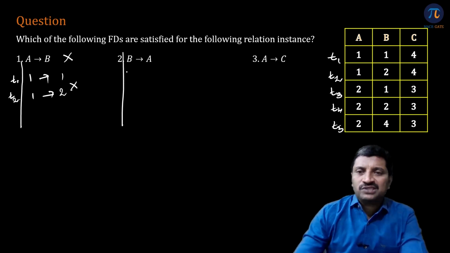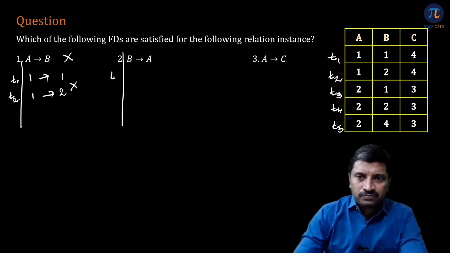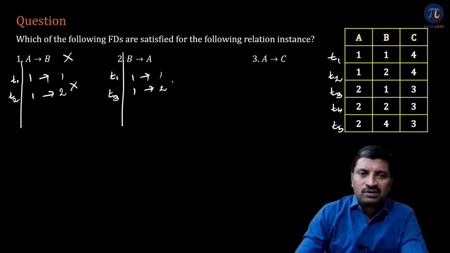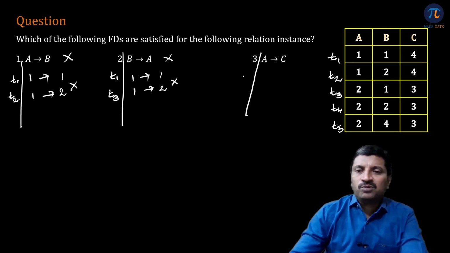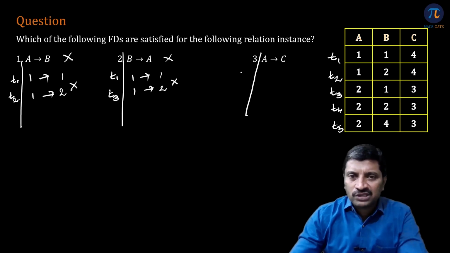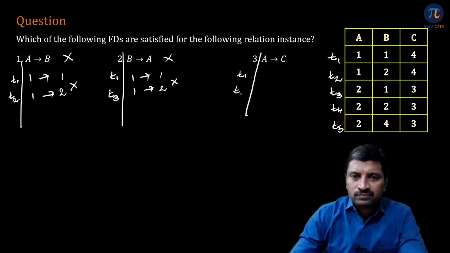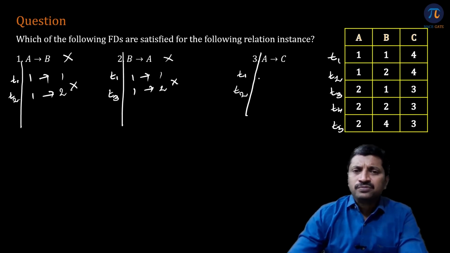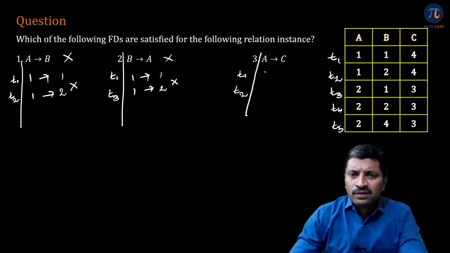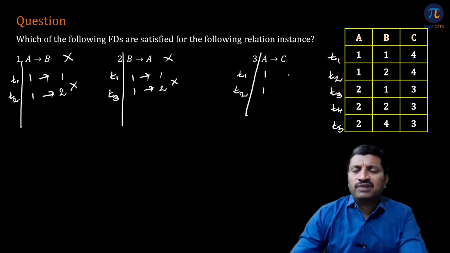What about the second one, sir? B goes to A. T1, T3. These two are 1, 1. What are the corresponding values? 1, 2. These two are not the same. So this is not satisfied. What about the last one, sir? A goes to C. So T1, T2, both have value 1, right?